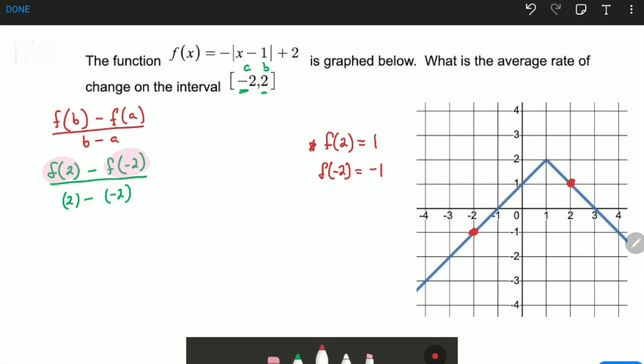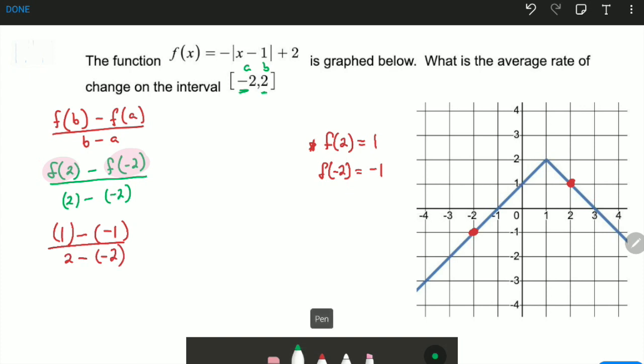So we now know our y values, and we can finish going through slope just by replacing them like you normally would in the y2 minus y1 formula. So just continuing, f of 2 is 1 minus f of -2 is -1, as we found, over 2 minus -2.